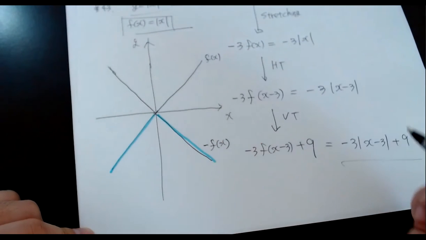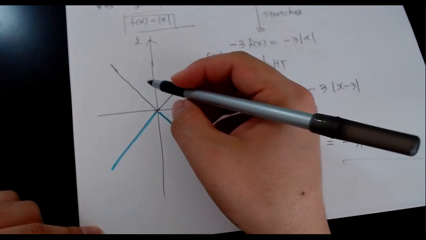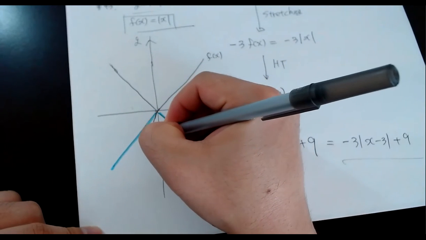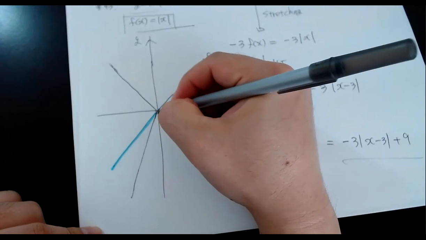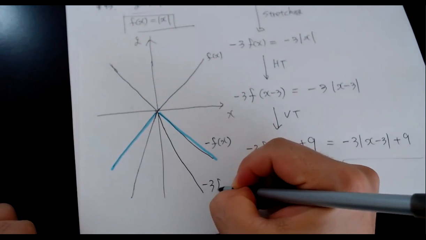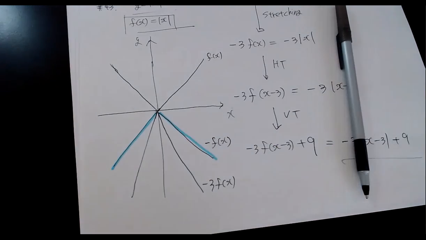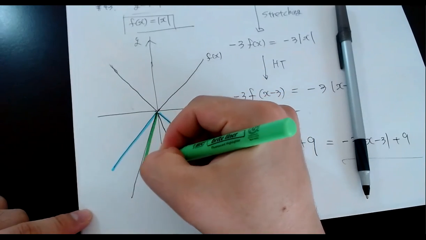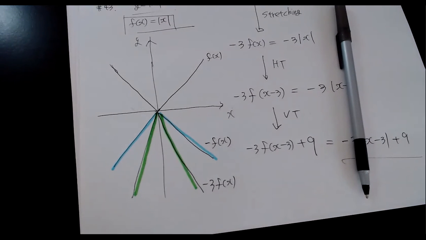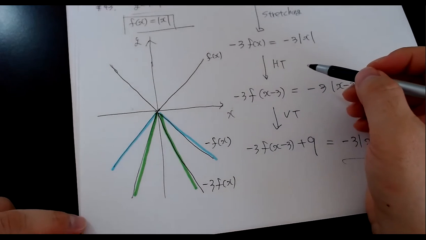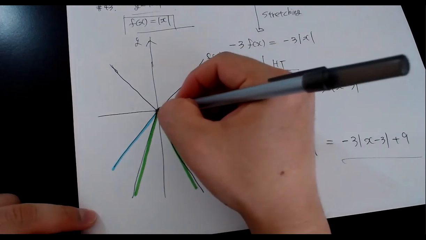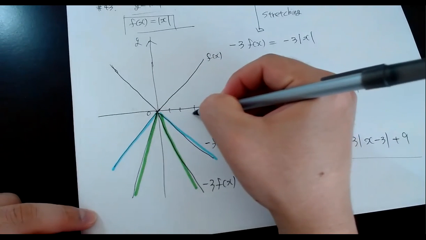We're going to get this. This is negative 3 times f of x. All right, and then we translate 3 units to the right, right? So here's 0, 1, 2, 3. Here's 3, right?